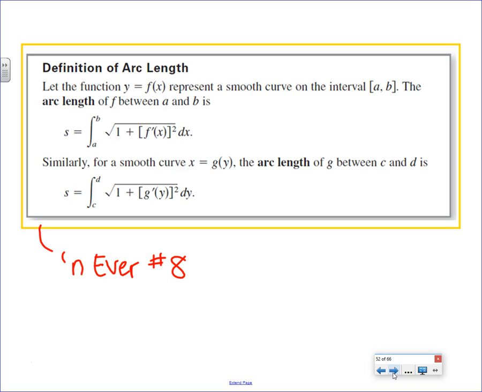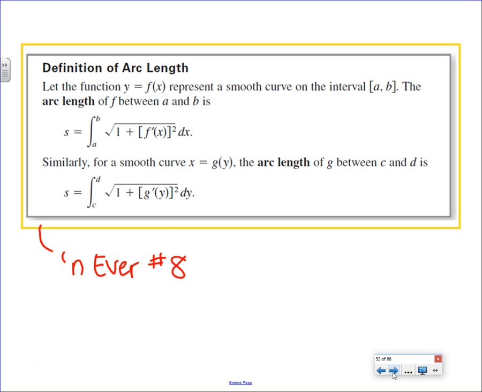Arc length is super nice in the sense that the only thing that will lead you in the direction of plugging in terms of x or terms of y is whichever one is easier for the equations that you're given. For disks and washers, you have to make sure that based on your axis of revolution, you are going perpendicular.